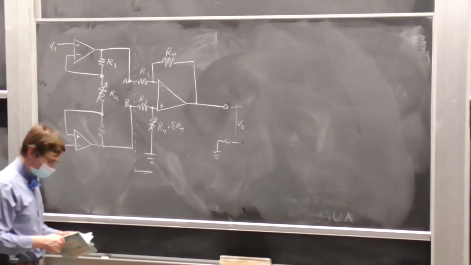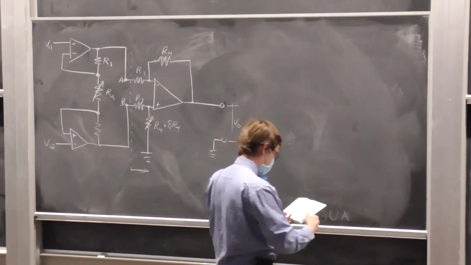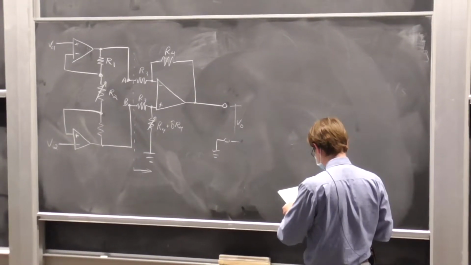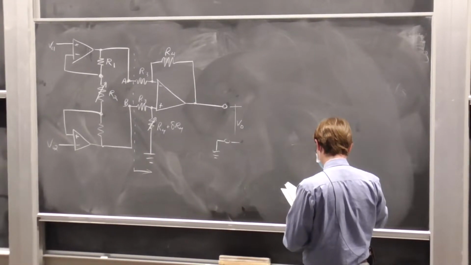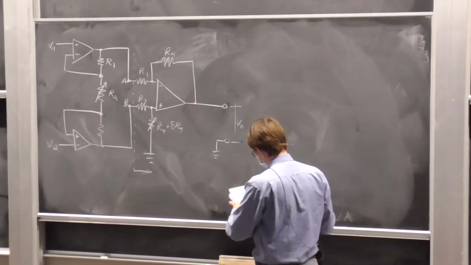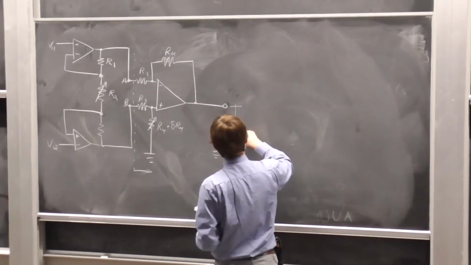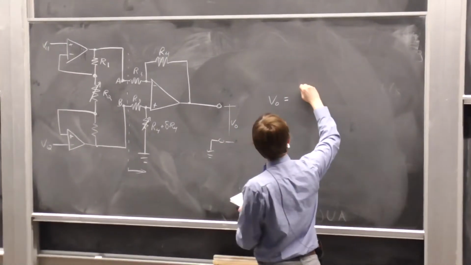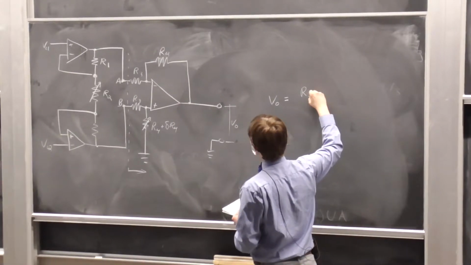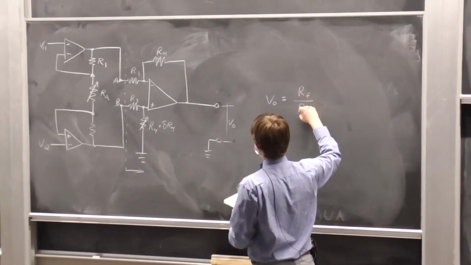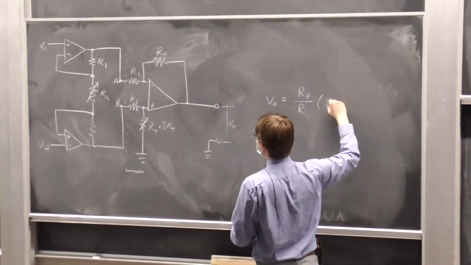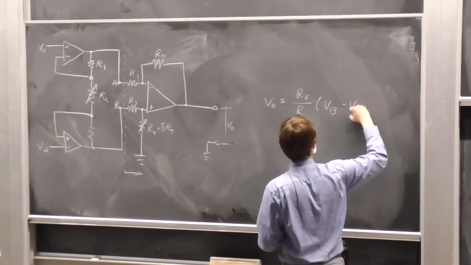Good. So, bringing back our differential amplifier equation, V out is equal to the resistance of the feedback resistor over the resistance of the non-feedback resistor multiplied by VB, in this case, minus VA.